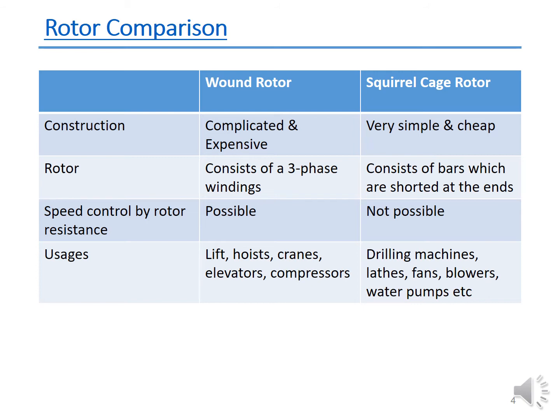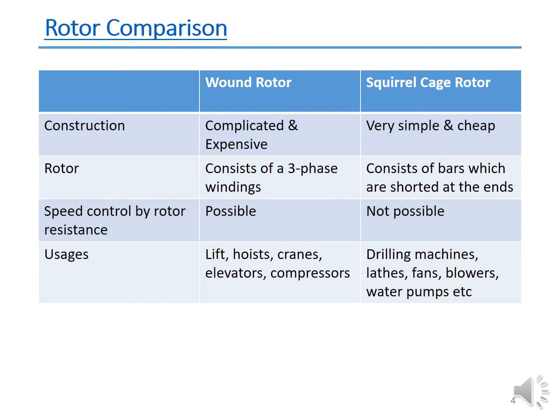In terms of construction, the wound rotor is more complicated and more expensive, while the squirrel cage rotor is generally simple and cheap to manufacture. As we have seen before, the wound rotor consists of three-phase windings, while the squirrel cage rotor consists of bars which are shorted at the ends by these shorting rings.